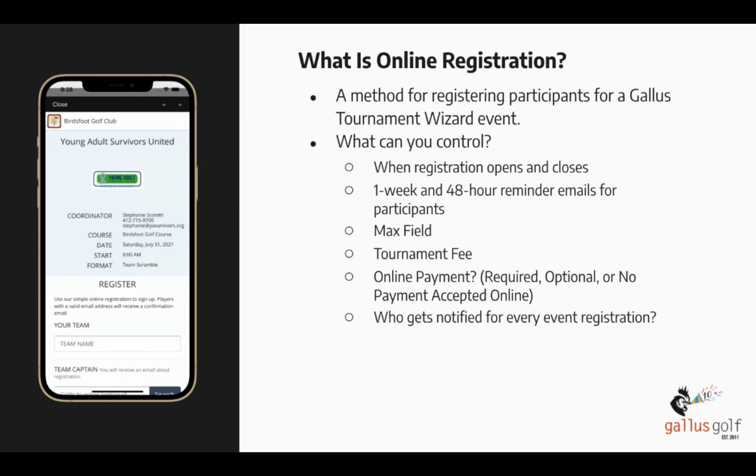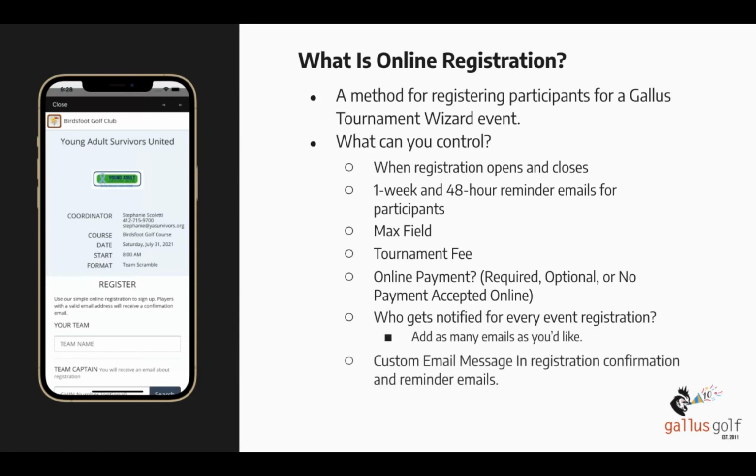This is typically maybe a contact at the facility along with whoever the tournament organizer is so that they can control or keep track really of everyone that's registering. You can add as many emails as you'd like for that. And then, as I mentioned before, you can set up a custom message to be going in the registration confirmation emails and the reminder emails that go out as well. So that's the basics of online registration.